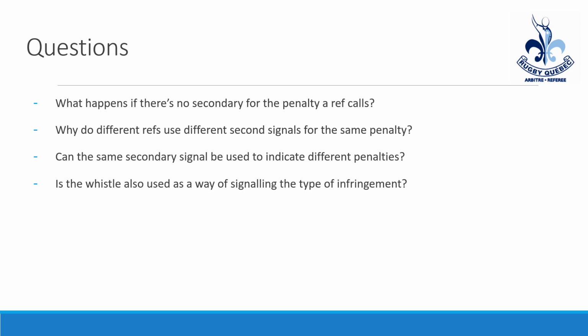Usually that's for a scrum infringement, or time off or time on. It'll be a short whistle. You just stop play, and there's nothing much to worry about. A longer and more aggressive whistle will typically be for a penalty. So you know that if you're being penalized, you should get back 10 immediately.